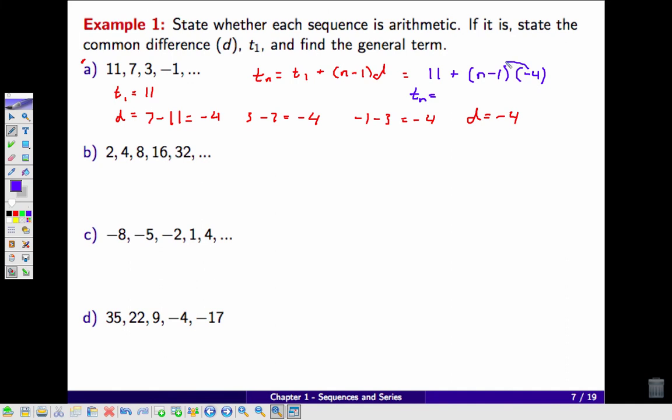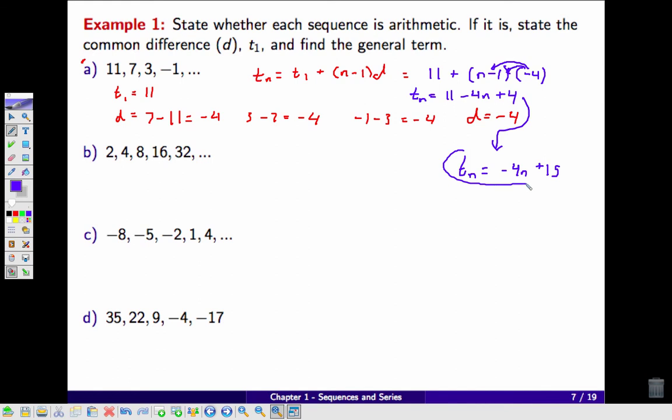When you simplify this, -4 will distribute in to n, and it will also distribute into -1, to give you 11 minus 4n plus 4. When you collect like terms, you're going to get Tn equals -4n, and I'll place the variable out front, plus 15.